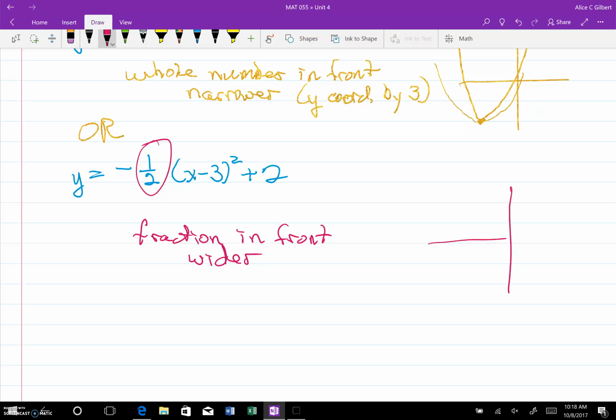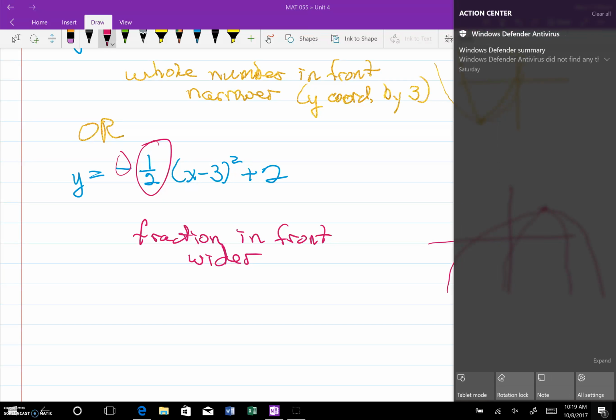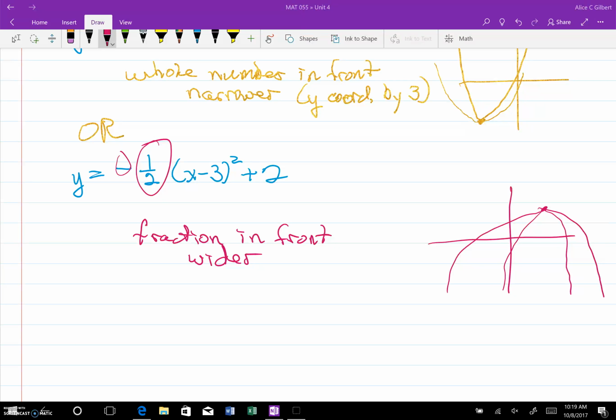So in this case we'd be +3 and +2, and I know it's going down. Instead of doing the regular parent graph, this one now is going to go more like this. Again, we will see how that works when I actually do some examples for you, okay?